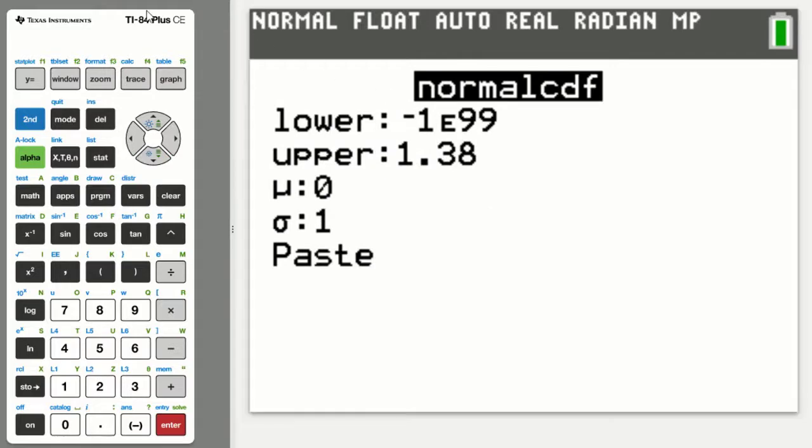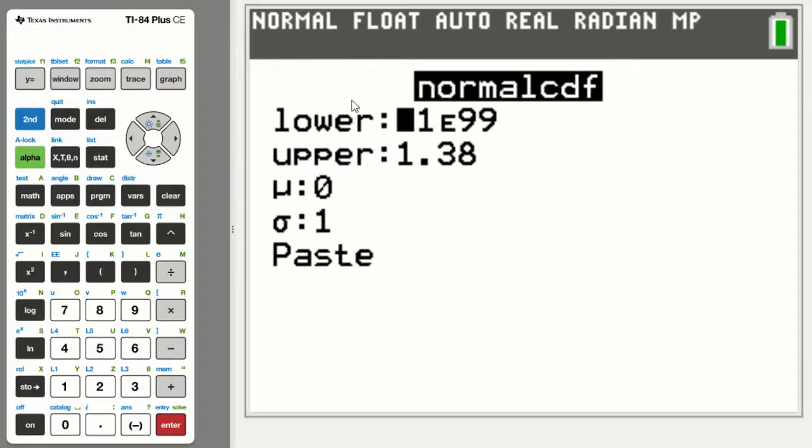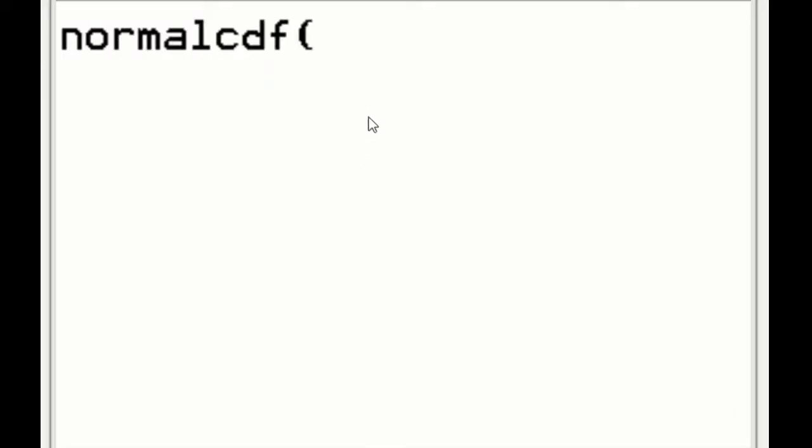On this advanced version of the calculator I'm using, it gives us a manual. And TI-83 or some older TI-84, instead of giving a manual as you saw earlier, will give you a direct command like this with an opening parenthesis.